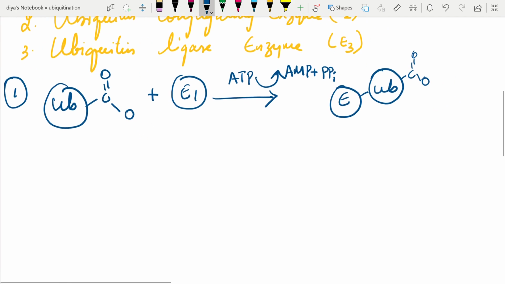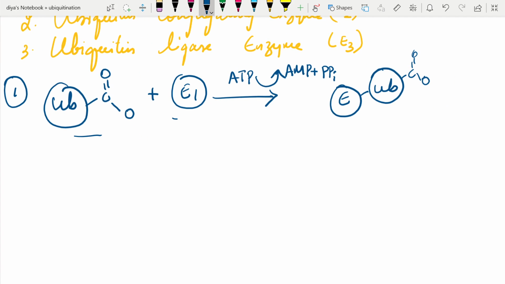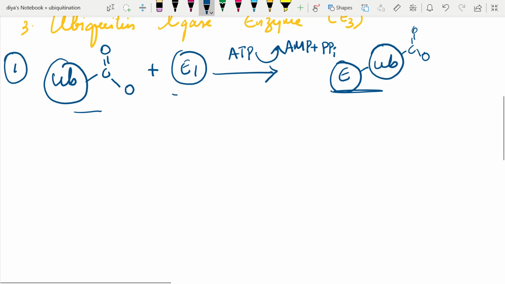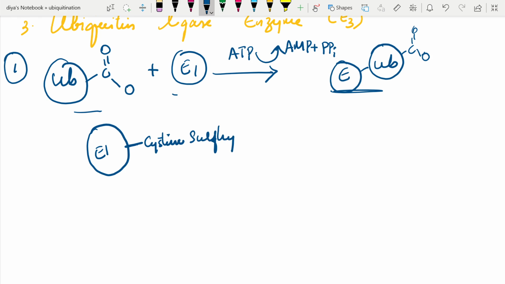So let us see how this bonding happens. Here, this is the E1 enzyme and it has an active site called the cysteine sulfhydryl site.